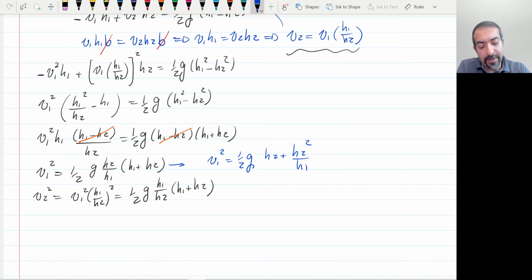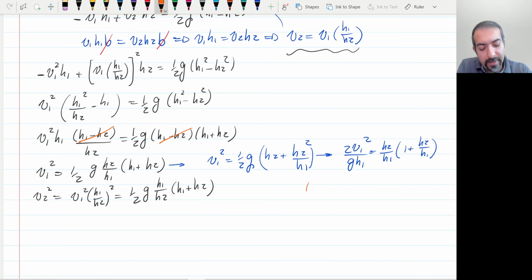And if I divide both sides, let's see what I have here. I have h2, h2. I can divide both sides by h1. So what I get is 2v1^2 over (g h1) is equal to h2 over h1 times (1 plus h2 over h1).